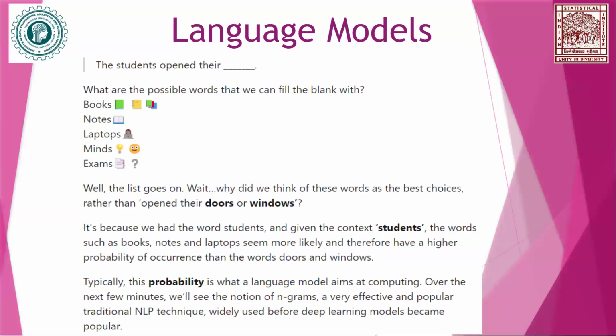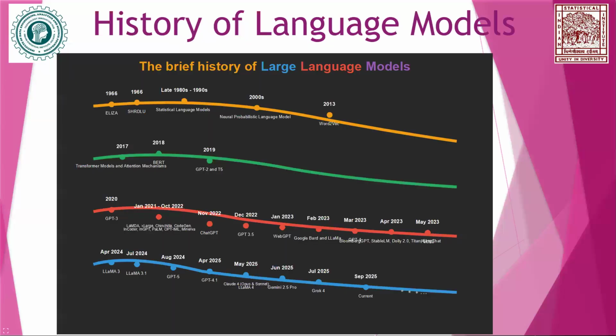I might have something completely different in my mind. But still it would give you some suggestions. What are the suggestions based on? That's the probability that it computes, basically. Okay? And then with the notion of n-grams. We'll come to n-grams in a minute.